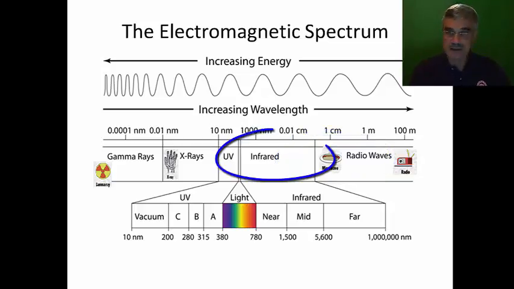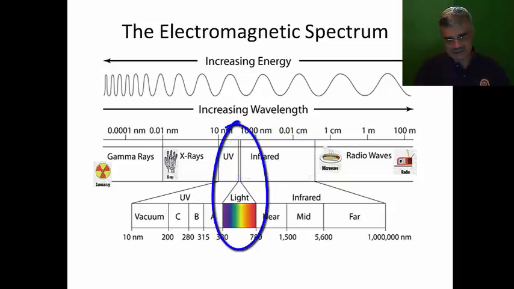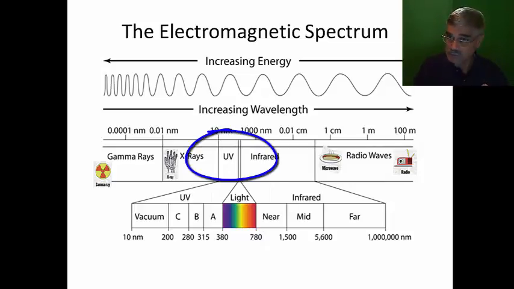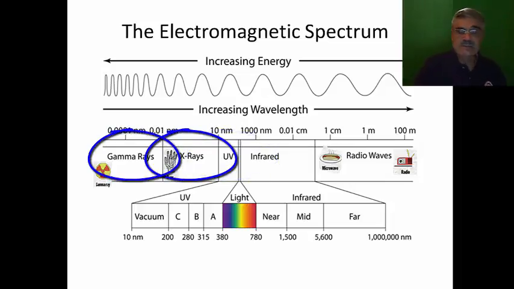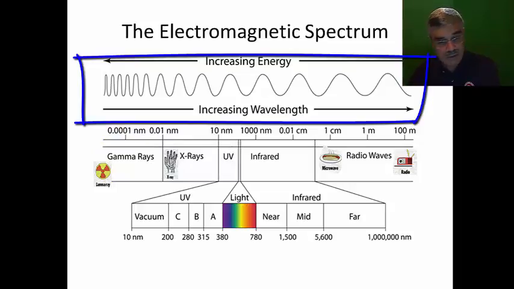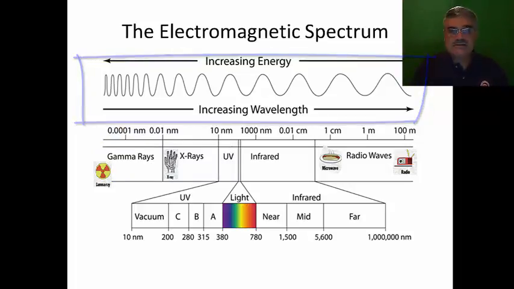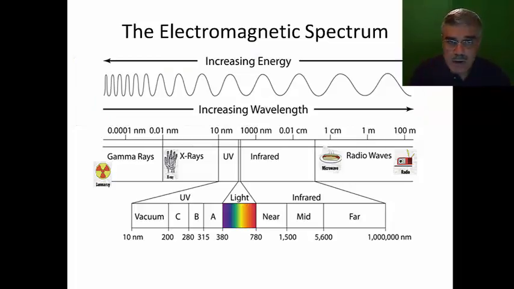Then we have a region of the electromagnetic spectrum called the infrared. Then there's the visible region. It's sort of in the middle of this electromagnetic spectrum. Then we have ultraviolet, UV rays, X-rays, and gamma rays. This scale goes from the longest wavelengths, radio waves, to the shortest wavelengths, gamma rays. Each of these is a region or a part of the electromagnetic spectrum.